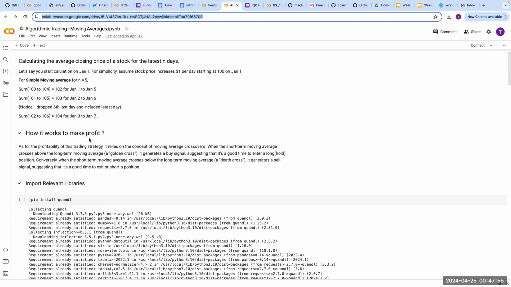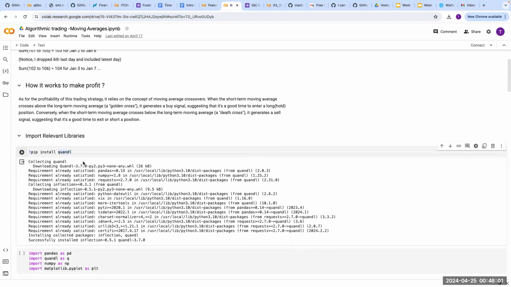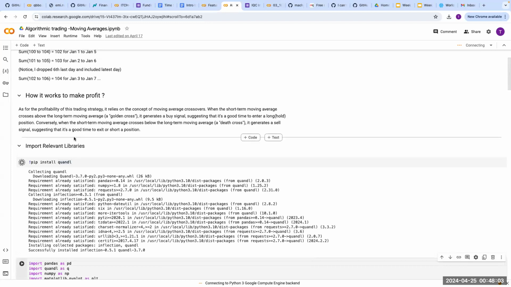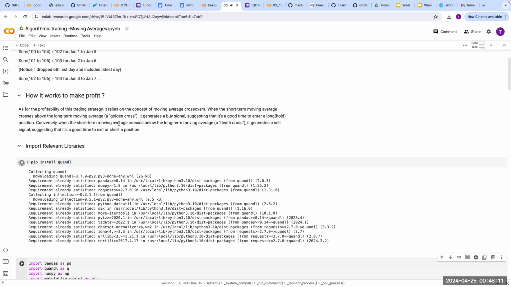So how the code works here is you first install the library, that's Conda. And the point where the short term moving average is about equal to the long term moving average is called the golden cross. And the one where it's below the long term is called death cross. So golden cross is like, now you are in a buying signal, and death cross is when you are having a sell signal. So you don't exactly have to enter the market at the point where it's equal.